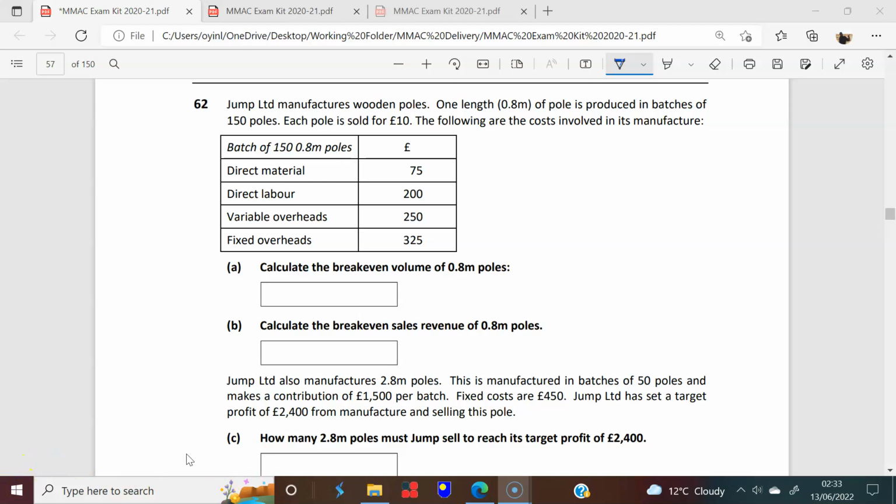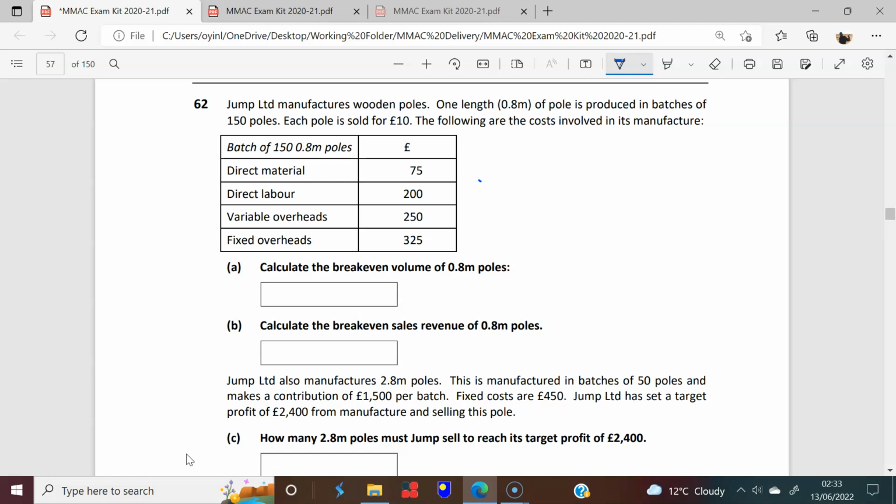Right. I think what's important to highlight, to always remember, is that the cost break-even is based on the contribution per unit. So we need to look at what's going on with the contribution per unit. The first thing to find out is what is the cost per pole. Because these are built in batches, we have the cost of 150 poles.